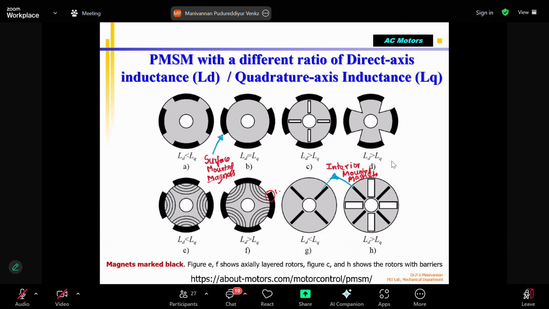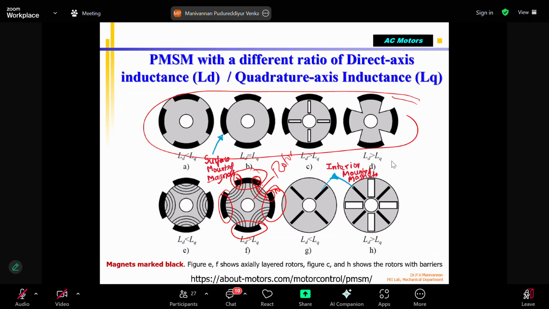This is the north pole, and it is attracted by the south pole of this magnet. Again, the north pole of this magnet, because this is one magnet, this is the second magnet, third, fourth. All four magnets are mounted on the surface of the rotor core. These are called surface mounted, including these two, because the magnets are mounted on the surface of the rotor.